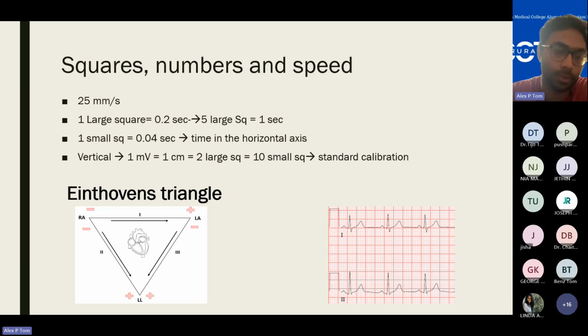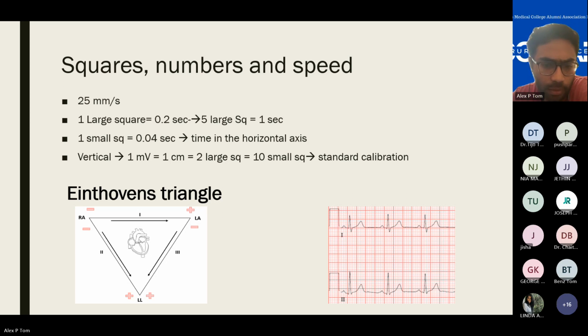So lead 1 is going like this towards the right. And this is the lead 2 vector going from the heart towards the left like this. And then there's the lead 3 vector going like that. So just have a look at that. It will come in handy in the next few slides.